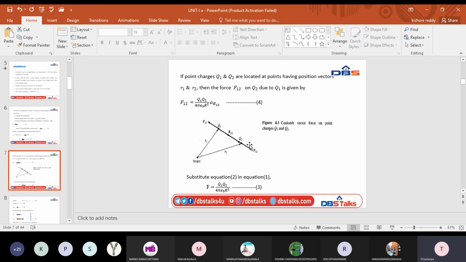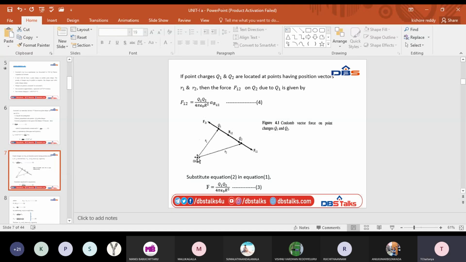It is in the downward direction. We indicate it as F12. Obviously, we have another possibility: the force on Q1 due to Q2, indicated by F21, which will be in the opposite direction of F12.